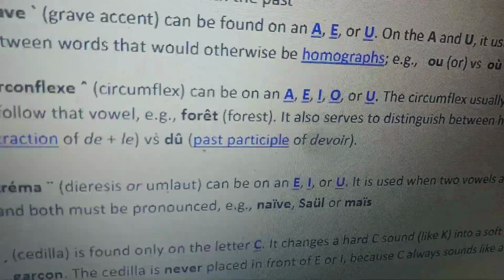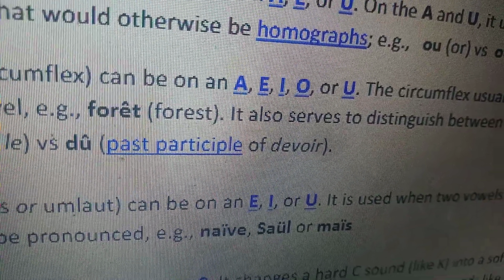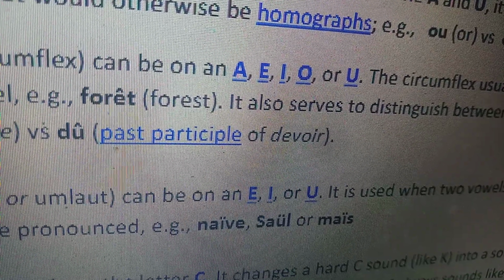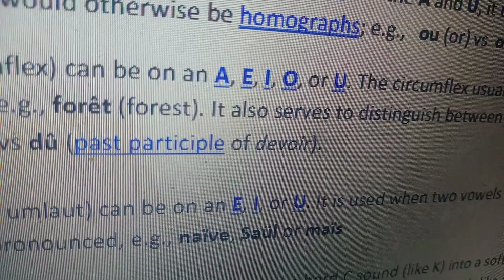If you look closely, you will see the 2 dots on an I, which means you have to pronounce the 2 vowels separately.